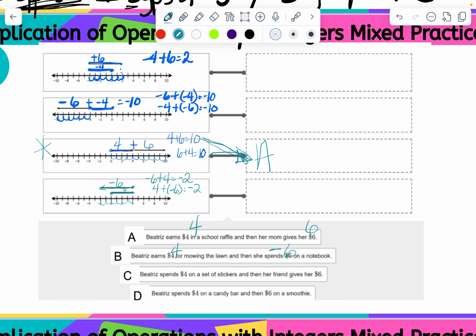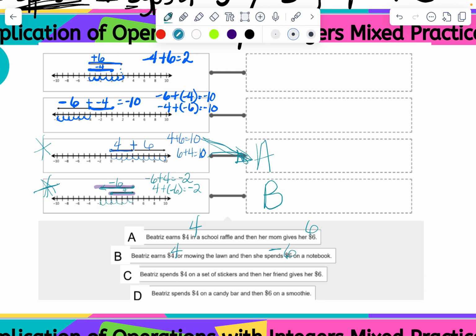She gets positive 4 first. And then she spends 6. So that's this one right here. So this one would be B. Because she's getting her positive 4, here's the positive 4, and then she spends 6. All right.